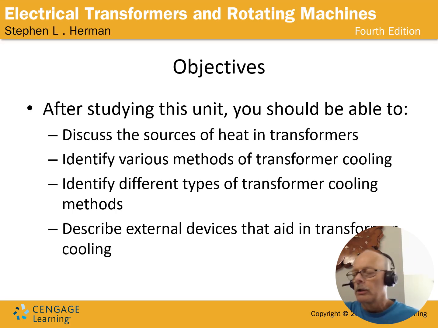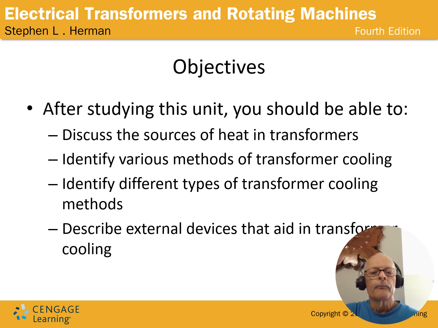Once we finish studying this week, we should know the various sources of heat in the transformer. We know that there's things in a transformer that cause heat, and we'll talk about those. We should know them by now. We'll discuss them a little more in depth.